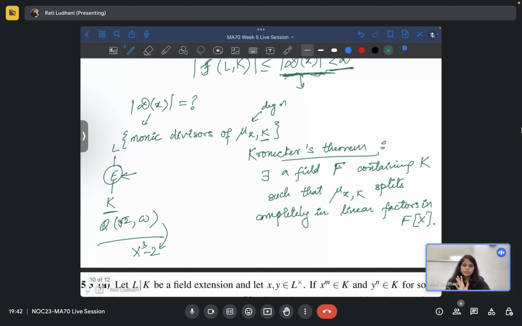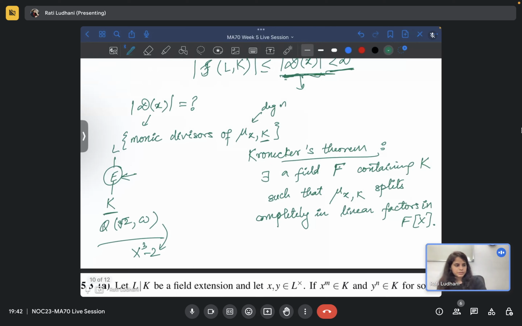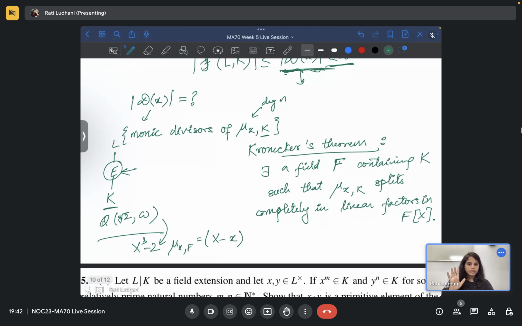So that is the maximum we can have, right? And what are all the factors? You will have mu of x over F, let's say. The first element is always x minus x, right? And then you will have something like x minus a2, and so on up to x minus an.